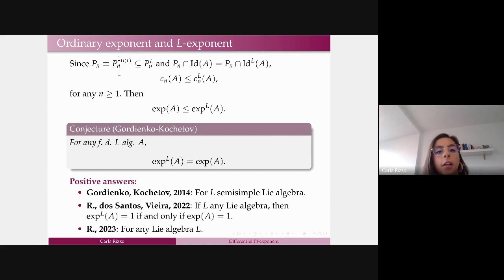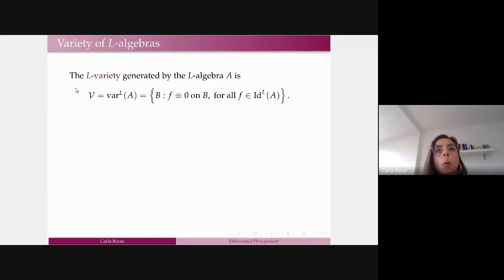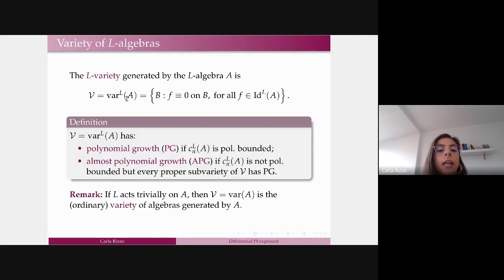A really nice consequence of this result is about the growth of the variety. If I consider a variety of L-algebras, that is, the set of algebras that satisfy the differential identities of our algebra A, then as a classical result in the ordinary case, we can define polynomial growth: V has polynomial growth if the codimension sequence is polynomially bounded.